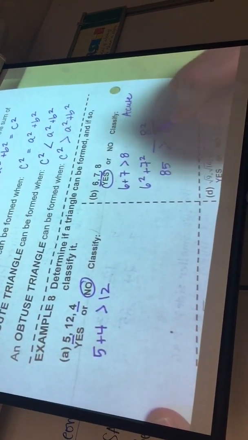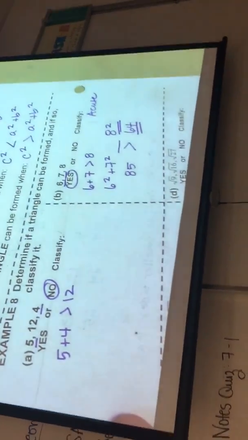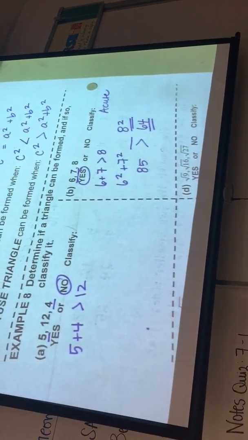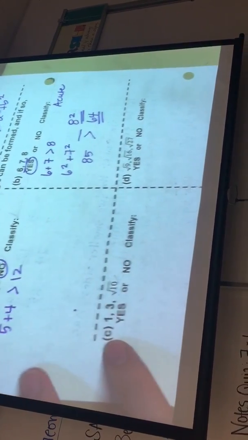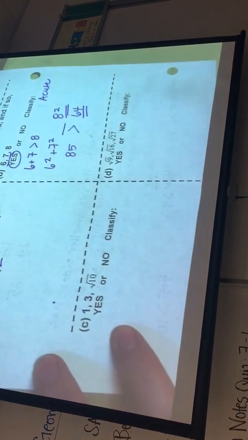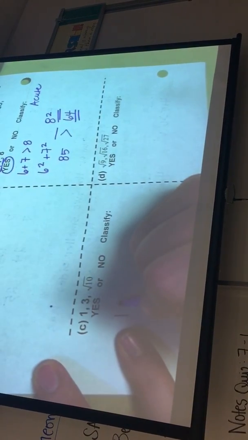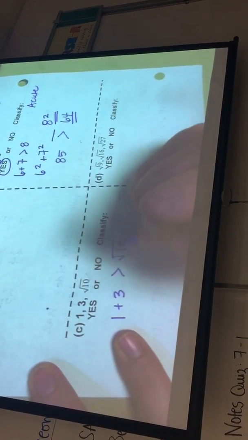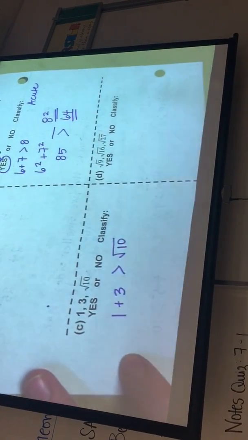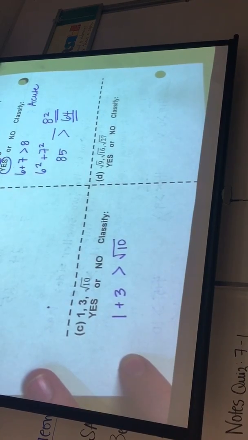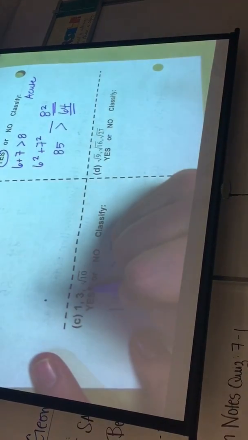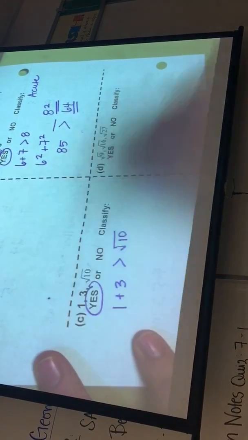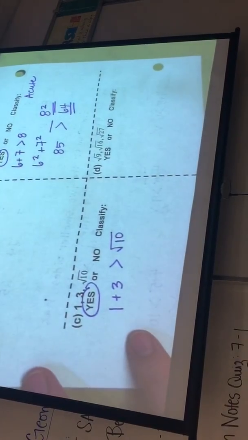This is our sum over here. Same way with this one. We've got to see if it's going to work first. So is 1 plus 3 greater than the square root of 10? Is 4 greater than 3.1? Yes, 4 is greater.